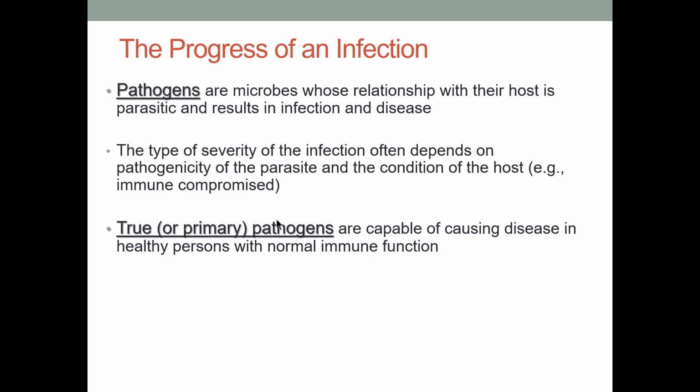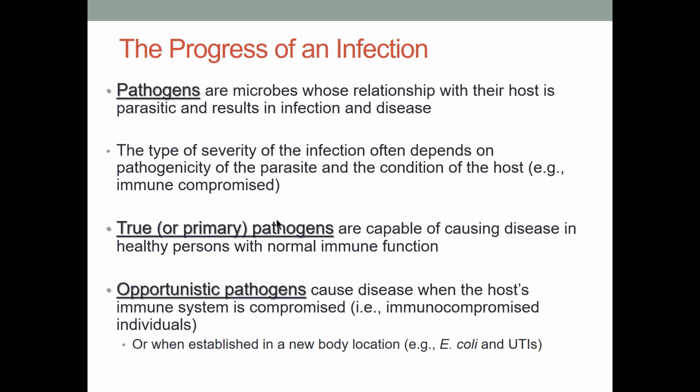So when you look at one of the aspects of microbes that make them pathogenic, there are certain microbes that are just generally pathogenic across the spectrum, in direct reference here to human beings. These are often referred to as true or primary pathogens, and we'll get into what exactly makes them fall into this category. There's another category that are referred to more commonly as opportunistic pathogens.